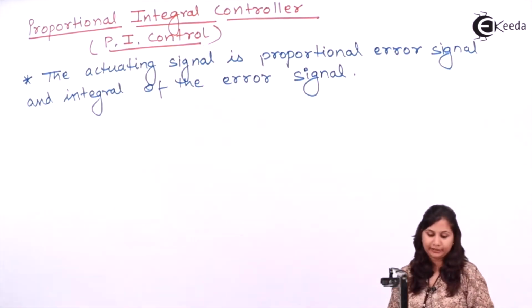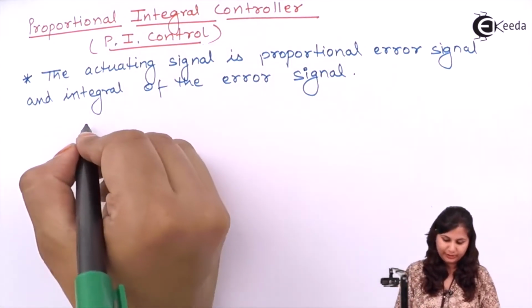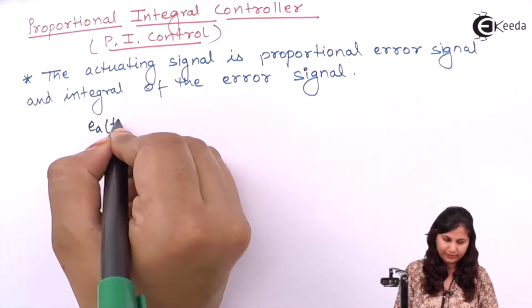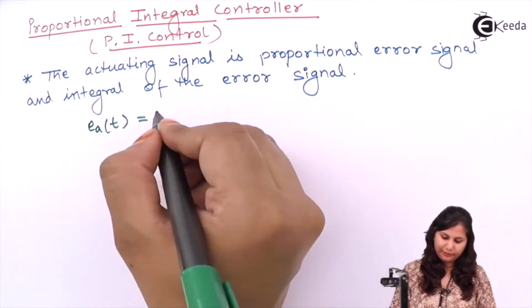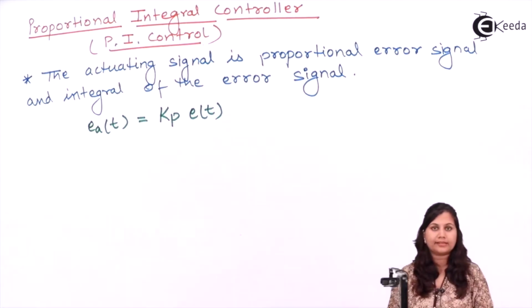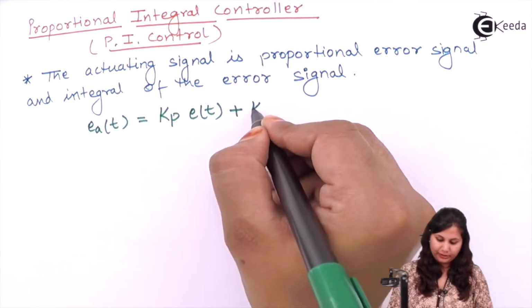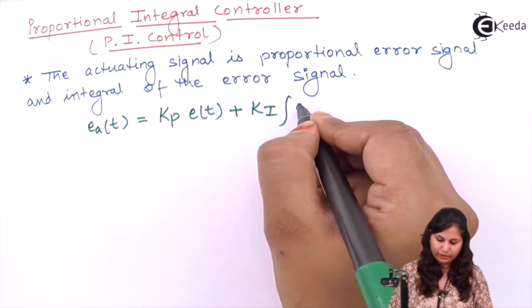Now, if we write the formula for this actuating signal e_a(t), it will be the sum of the proportional error signal, that is Kp e(t), plus the integral of the error signal.